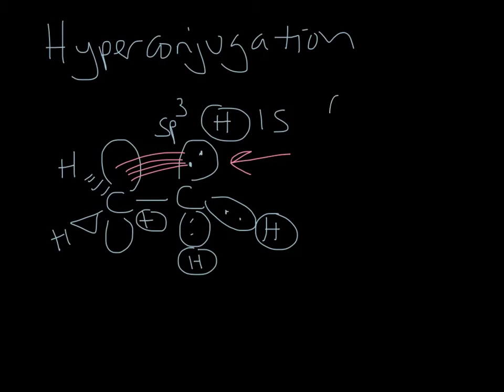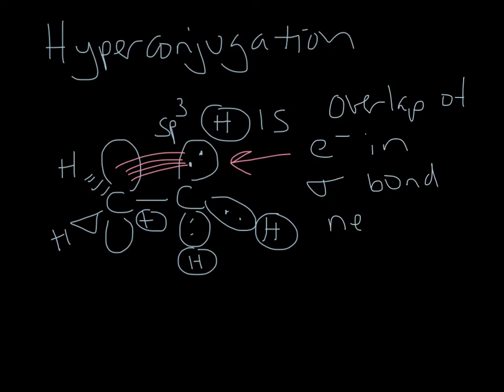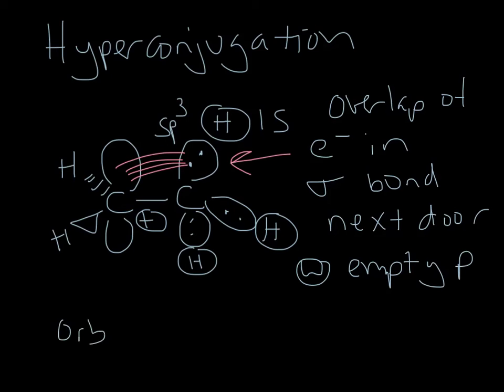So we have overlap of electrons in the sigma bond next door with the empty p orbital of the carbocation.